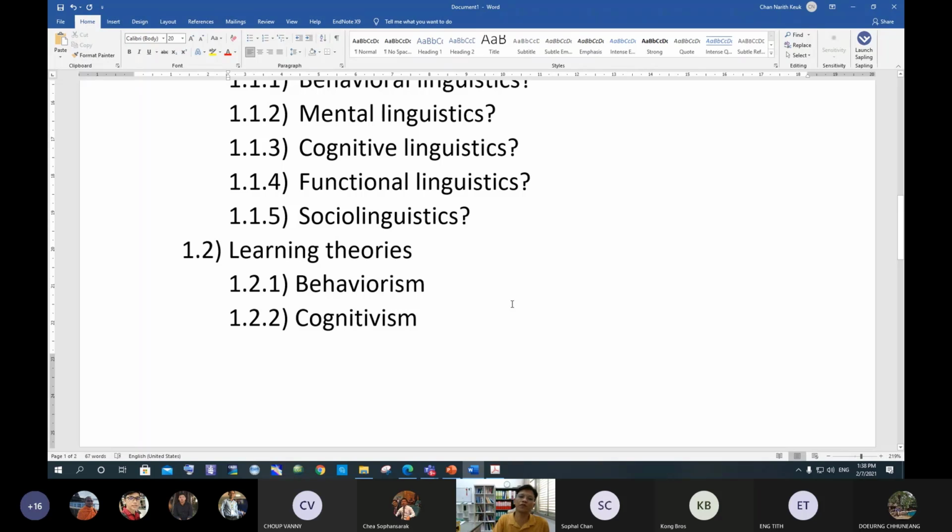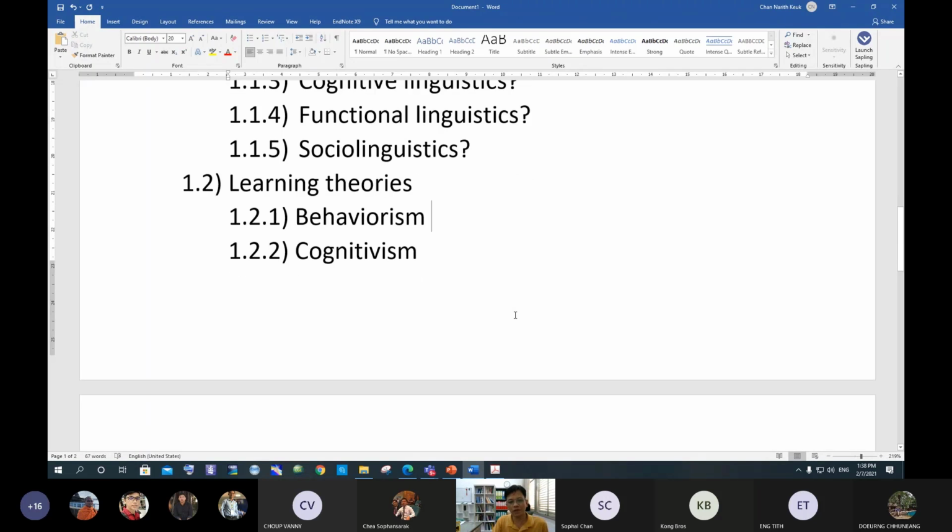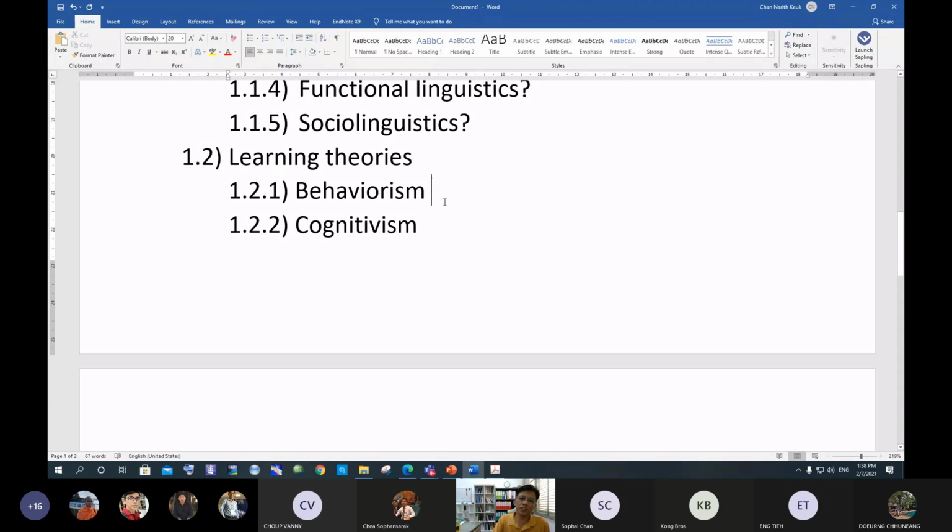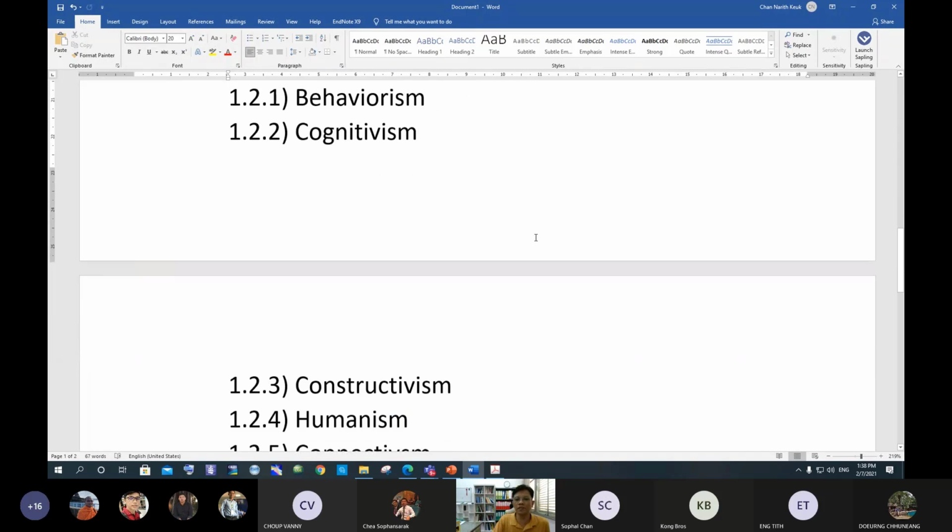Condition can come in the form of punishment. So if there is no condition, no learning is going to take place. And cognitivism is about thinking, processing information for learning. Then they acquire the linguistic elements and form system. There are a lot of things to talk about, so I just go briefly.